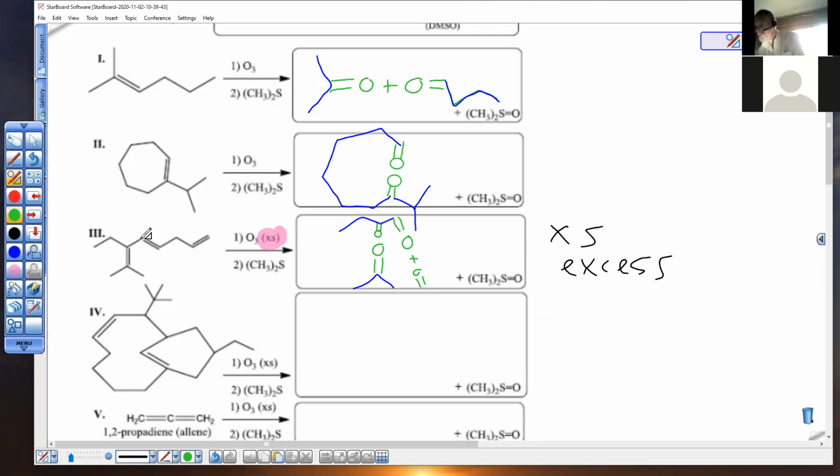So we're talking about this double bond right here becoming these two entities here. 1, 2, 3 carbons. 1, 2, 3 carbons and an O there as well. And our final O here, double bond to CH2.